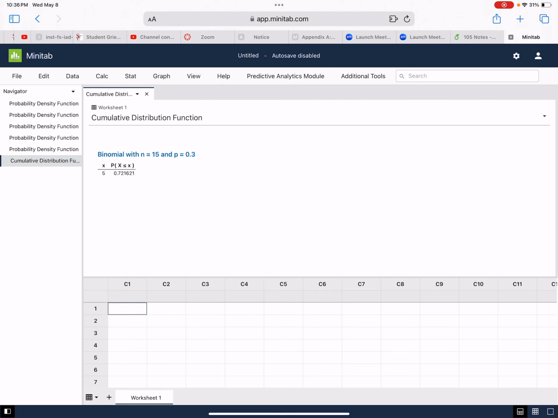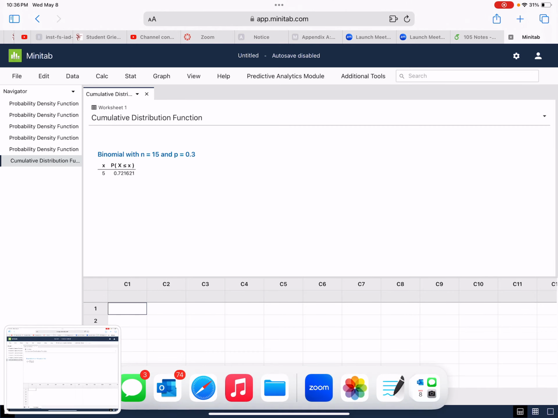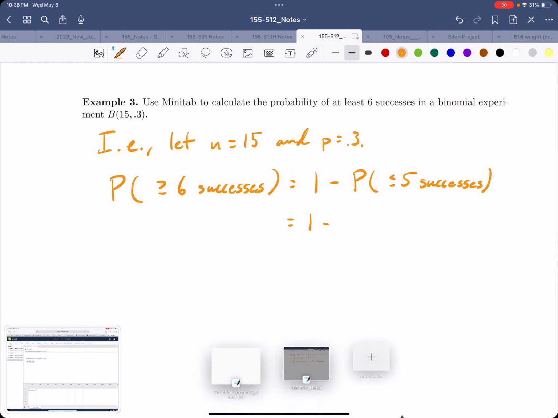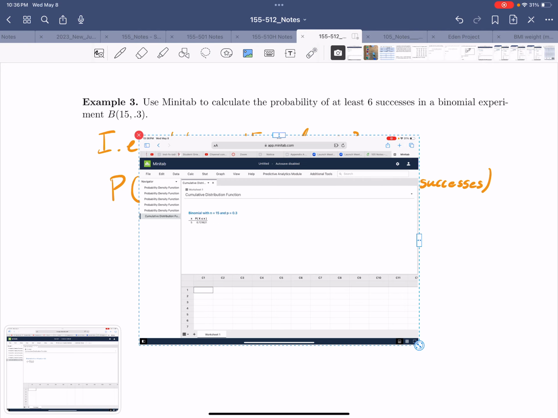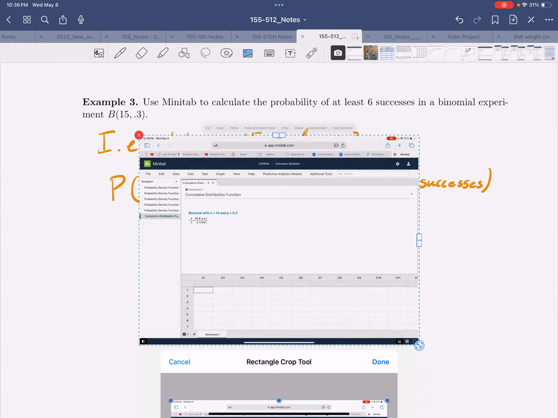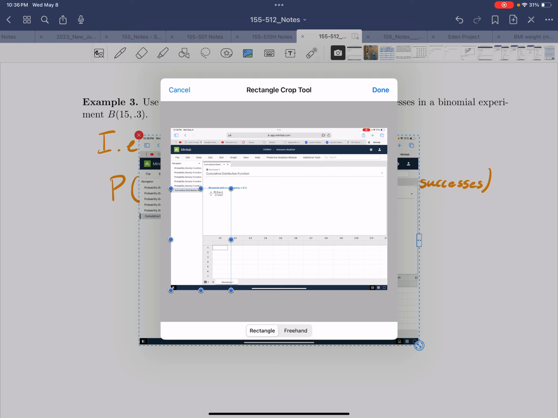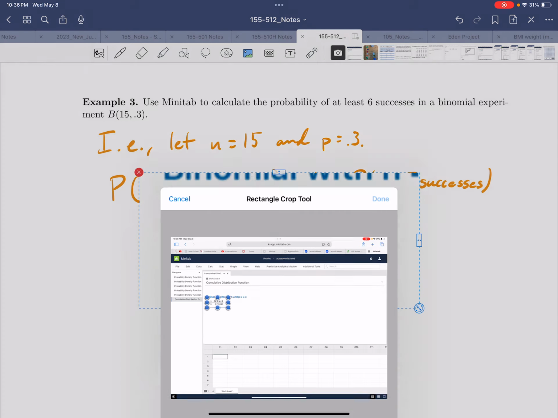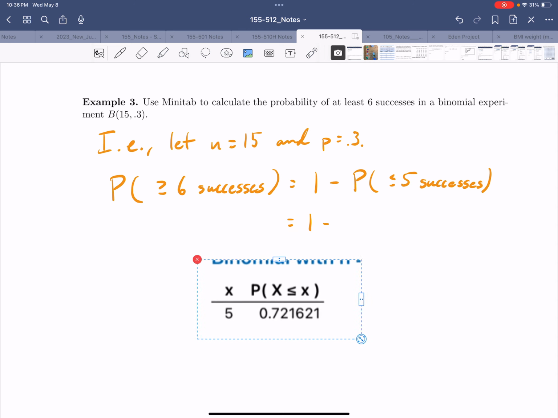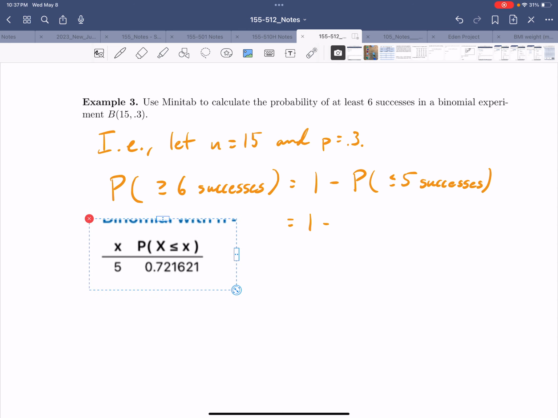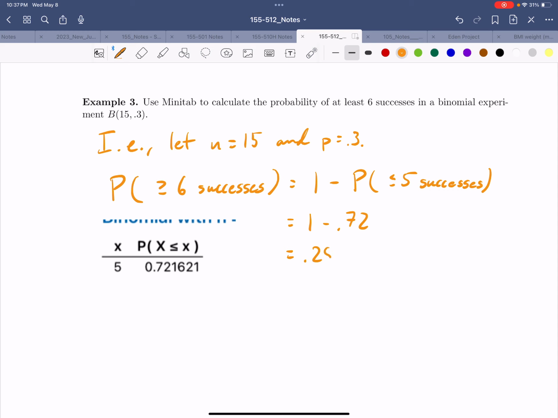And note that this gives us the probability that x is at most 5. So 1 minus 0.72, which is about 0.28.